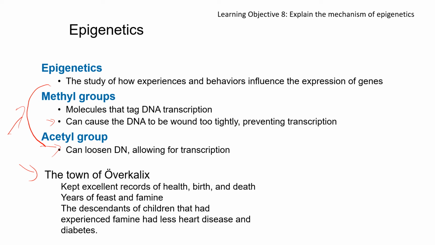Those epigenetic changes were then passed on to children, and their children then had less heart disease and diabetes as a result. We've got other documented cases like this, but this is one of those clear-cut things where we can see that what happened to one generation actually affects the next generation.